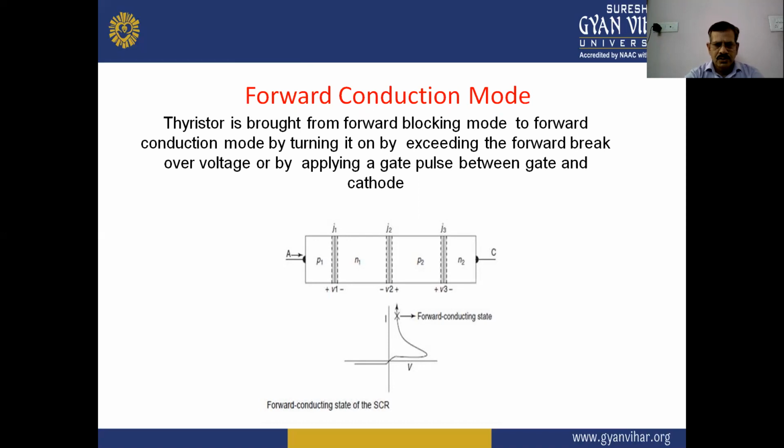In this forward conduction mode, we can also see in this diagram the different junctions J1, J2 and J3, and the forward conducting state of the SCR.